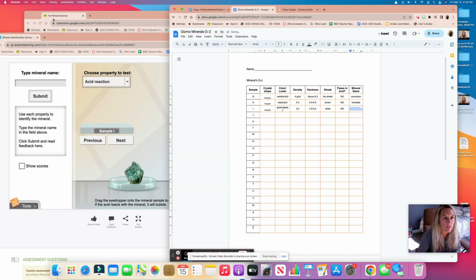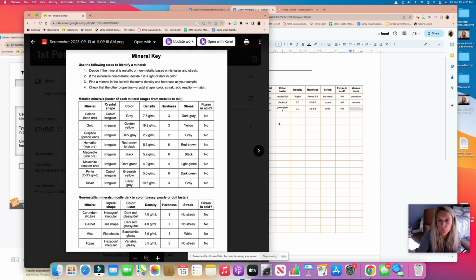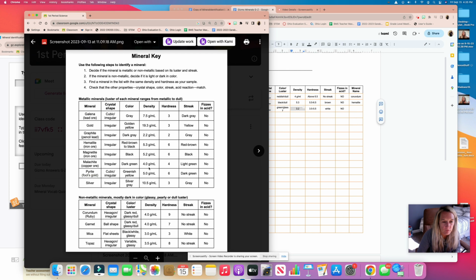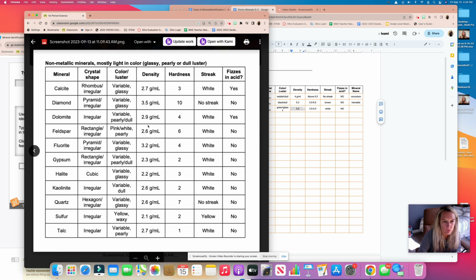All right, so let's take a look at our properties. We're going to first look at density of 3.2. Nothing on the first page. Okay, here's one that's 3.2. There's only one that's 3.2. So let's see if the other properties match up. Is it irregular or pyramid? Yes. Is it glassy? And we said green, but this says it can vary.